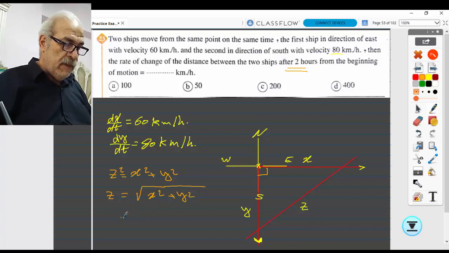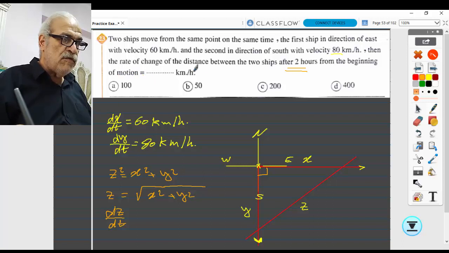Okay, so dz dt is required: the rate of change of the distance between the two ships after 2 hours. So the required is to find the dz dt.